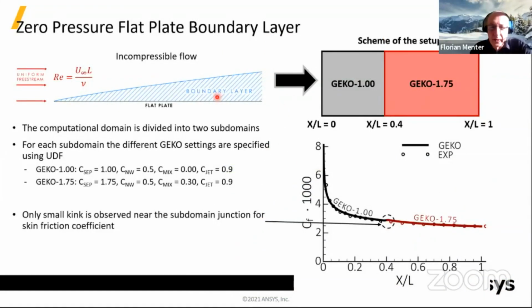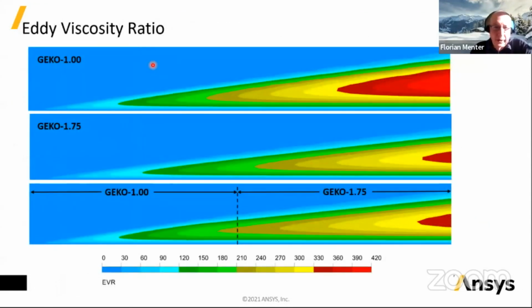Now, here we did a test where we ran a flat plate and we changed the main CSEP coefficient from 1 to 1.75, about 40% down the plate. This is here, and you can see there's a fairly smooth variation of Cf here, so you can hardly see that place where it changes. And if we look at the eddy viscosity ratio, we can see that this is the GEKO with CSEP 1, which is similar to a K-epsilon model.